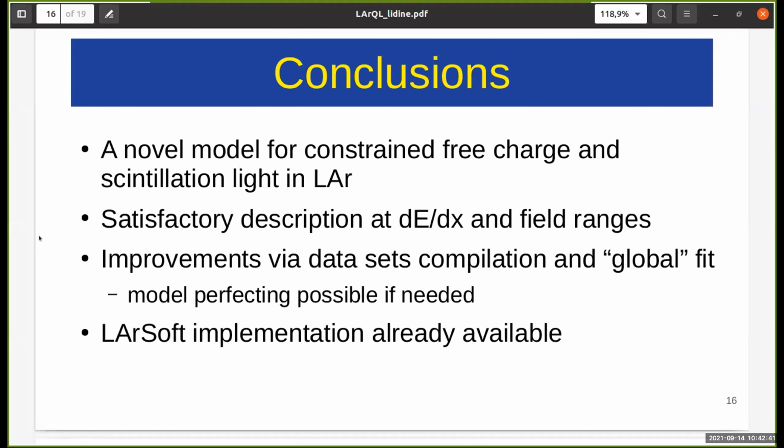For those that find it interesting or useful in some manner, this model is already implemented as presented and available in LArSoft for those that want to give it a go. So thank you, that's it.